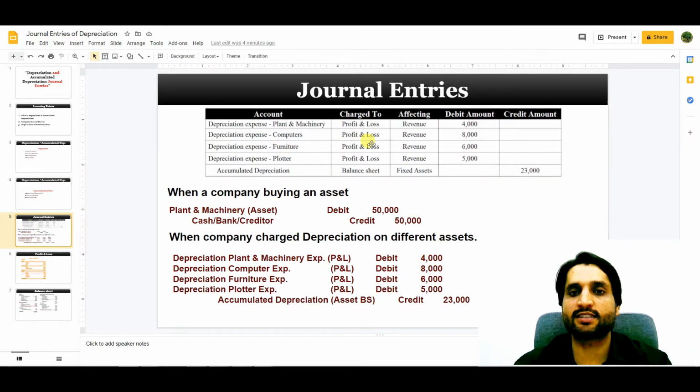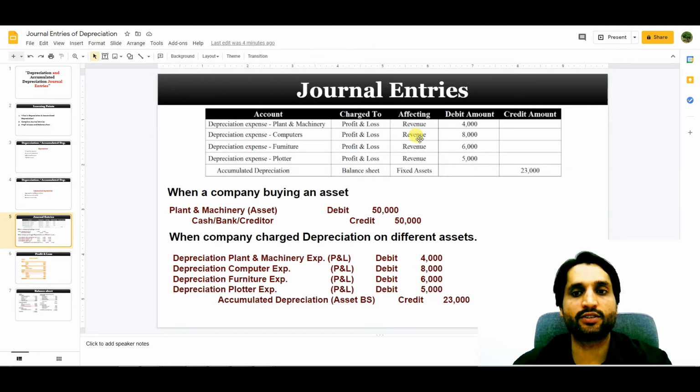Here I have made a small schedule, like depreciation expense charged to plant and machinery. It is charged to the profit and loss account, affecting revenue, with 4,000 as debit. Depreciation expense of computers is charged to the profit and loss account and affects revenue, because the revenue will decrease when we charge expense.